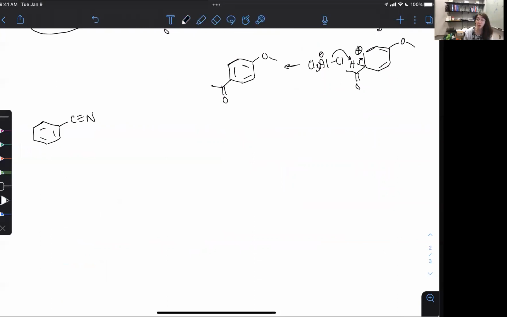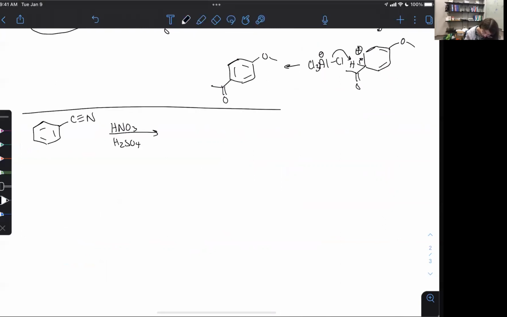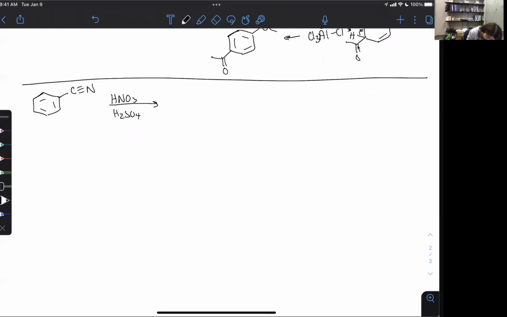Okay, let's look at what happens when we've got a nitrile involved. And let's go ahead and do a nitration reaction. Same thing, we're going to do the electrophile formation first, followed by ortho-meta-para options. So we've got nitric acid first, with sulfuric acid, really lovely mixture.